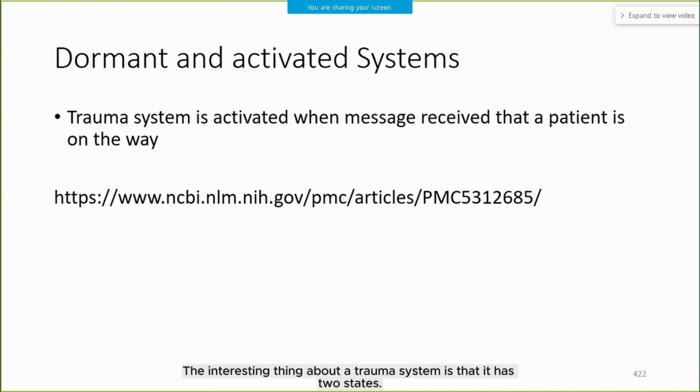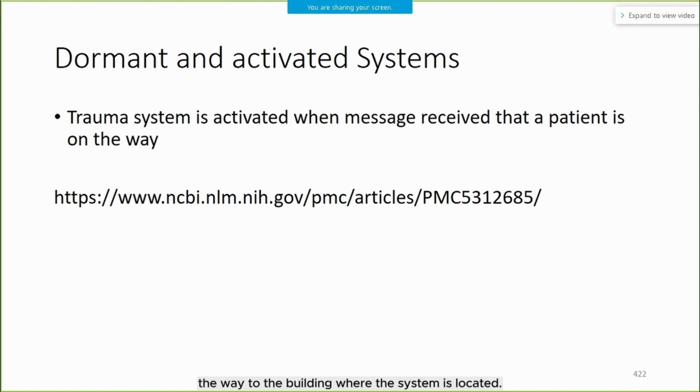The interesting thing about a trauma system is that it has two states. It has the latent state, where people just have their cell phones at the ready in case there is an emergency. And then there is the emergent state, which is when there are actual trauma patients on the way to the building where the system is located.